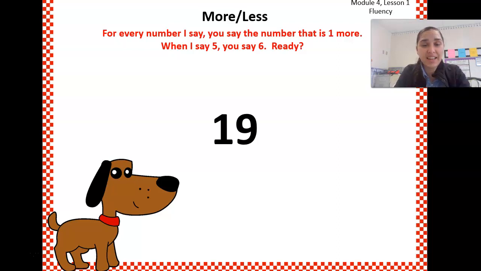When I say 19, you say, get ready. Yes, 20. When I say 28, you say, get ready. Yes, 29. When I say 38, you say, get ready. Yes, 39.